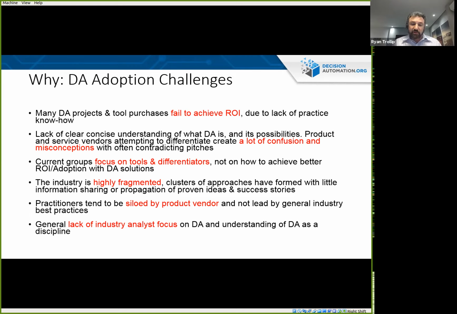So DecisionAutomation.org, we got together because we see that a lot of the disciplines like BPM and other kinds of disciplines out there have a much broader traction than what decision automation and management have. And Professor Jan made a point that it's not just decision automation.